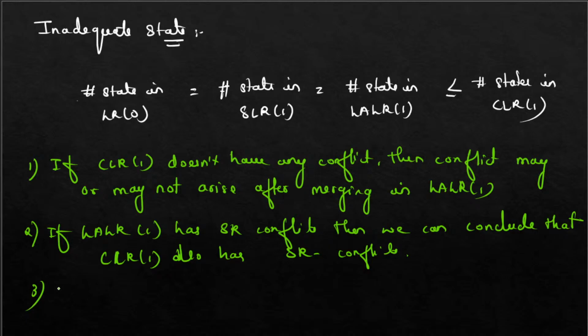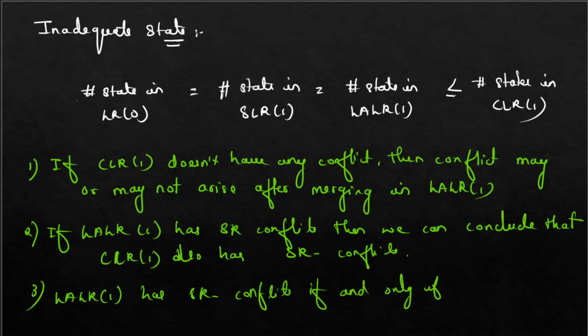Third, LALR1 has SR conflicts if and only if CLR1 also has SR conflicts. So we can construct a parser for every unambiguous grammar. I hope that this is absolutely clear.